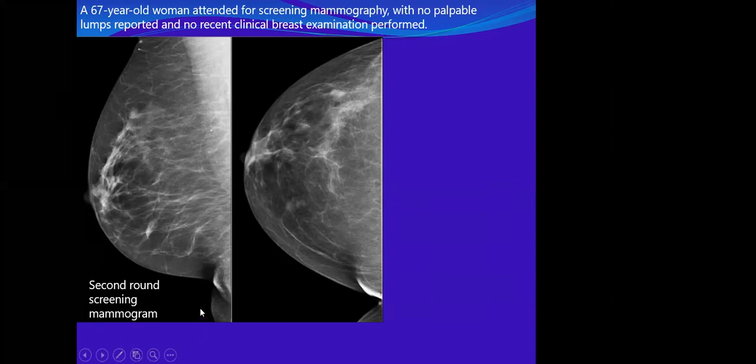So how are you going to manage this patient? This represents developing asymmetry at the medial part of the right breast. And why did you say developing asymmetry? Because this is a second screening mammogram. I did not mention the previous was normal.